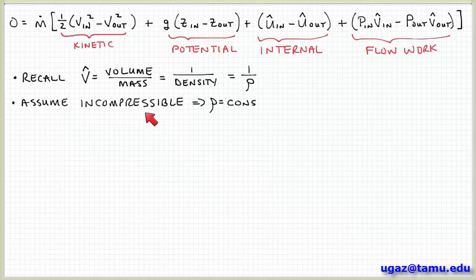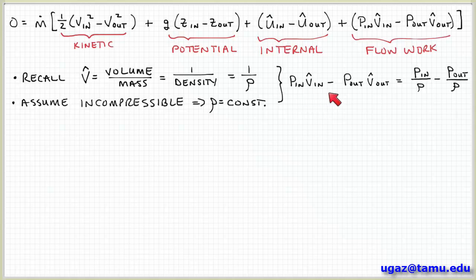When I do that, I'm neglecting any changes in density, so I'm saying that the density remains constant. Now when I combine these two assumptions, I can write p in v in minus p out v out as p in over rho minus p out over rho. So I can now replace this expression for the flow work with this p over rho term.